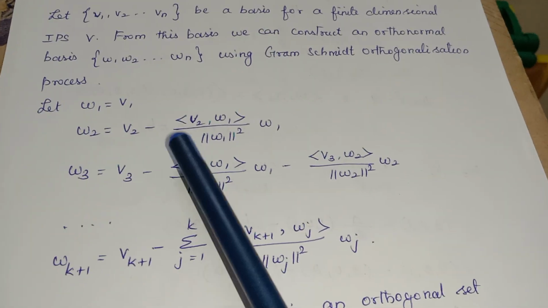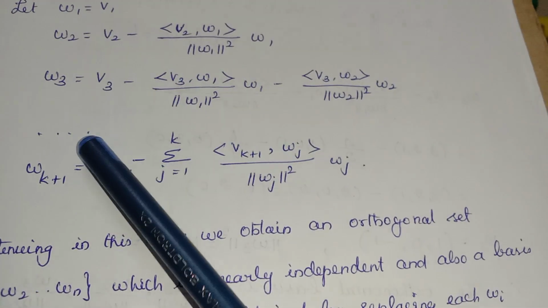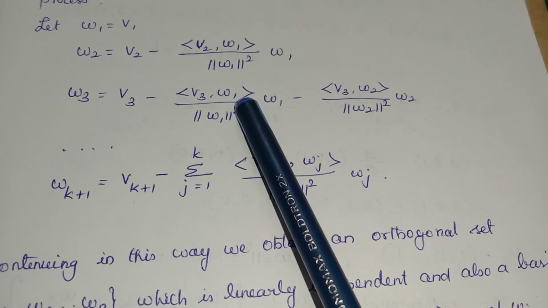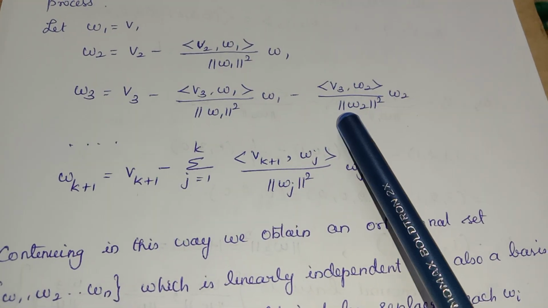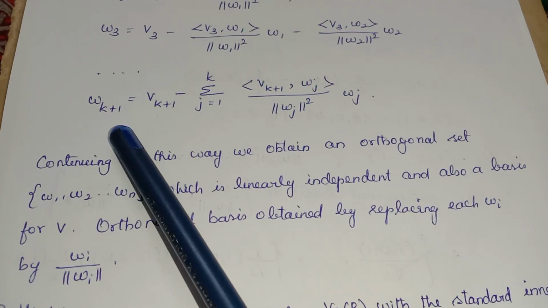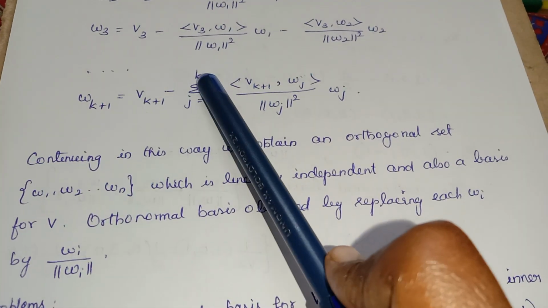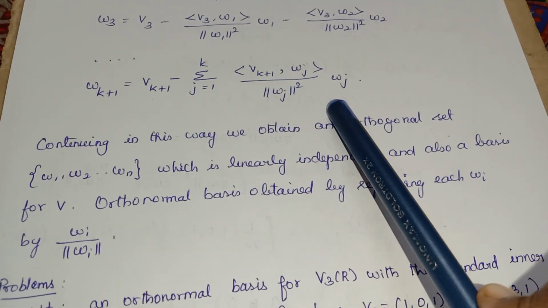This is nothing but what I have already stated, how to find the values of alphas. This formula only, this is what I have given here. Okay, right. And w3 is defined to be v3 minus inner product v3 with w1 by norm w1 square into w1, minus inner product v3 comma w2 by norm w2 square into w2, etc. So how will you write the general term? w(k+1) equal to v(k+1) minus summation j equal to 1 to k inner product v(k+1) with wj by norm wj square into wj.